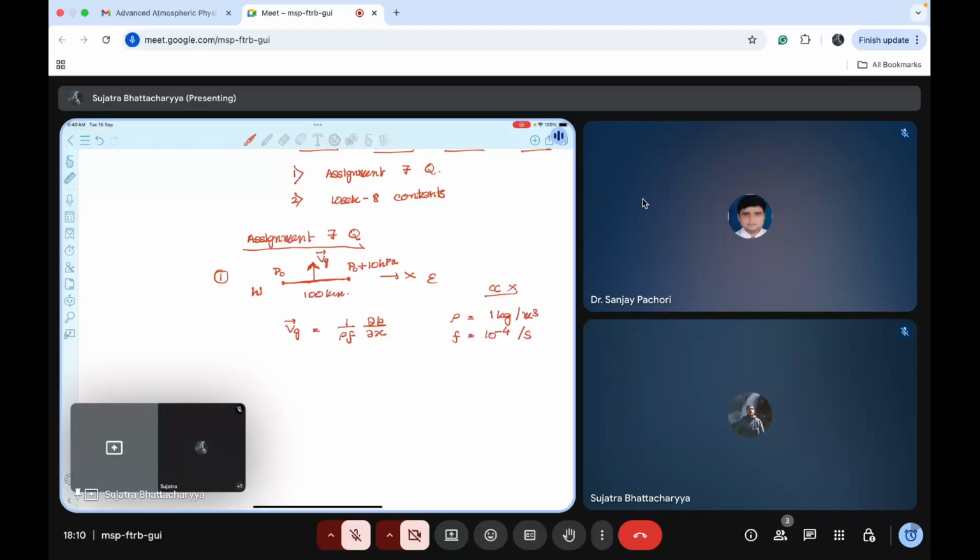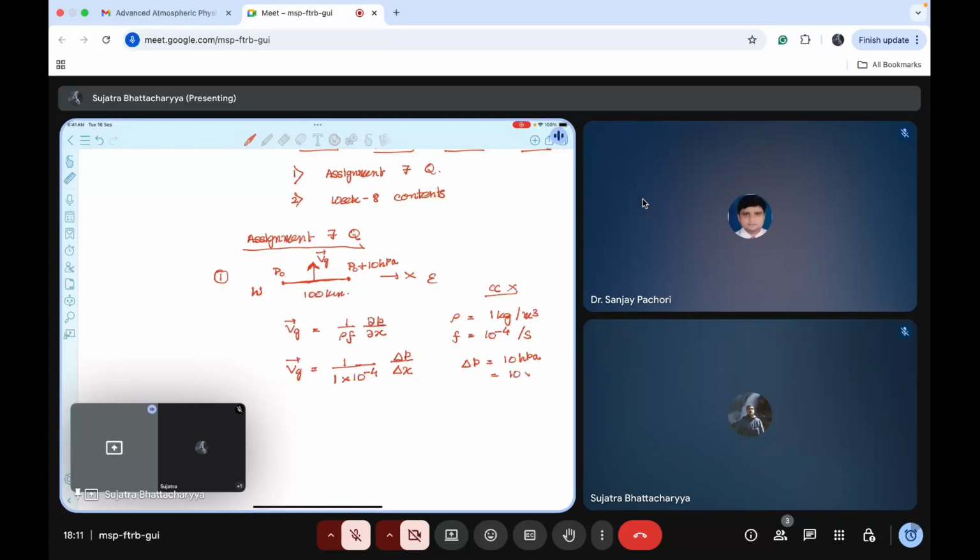Now, if you do a couple of calculations, if you just put these things in, you will easily get the answer. So Vg will be equal to 1 upon 1 into 10 to the power minus 4. That is rho and f I have just put into this equation, and then delta p and delta x. Okay. So delta p in the eastward direction is given as 10 hectopascal. I have to convert it into pascals so that I get the SI unit, right?